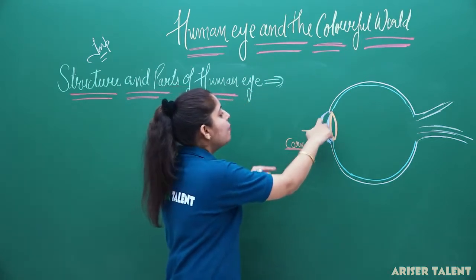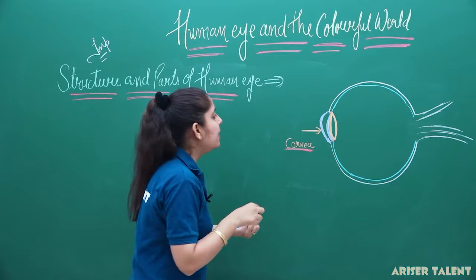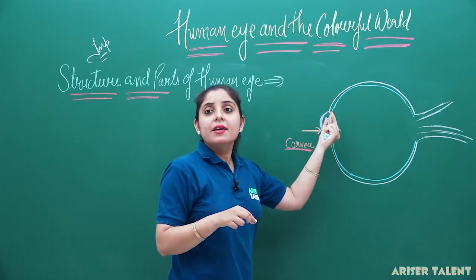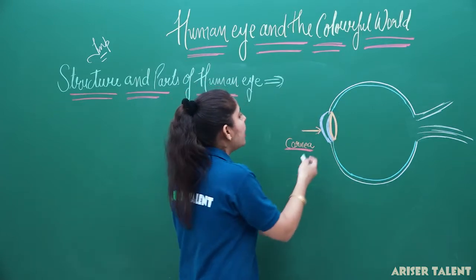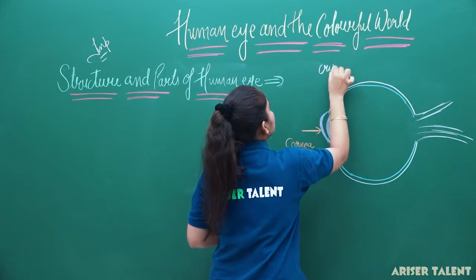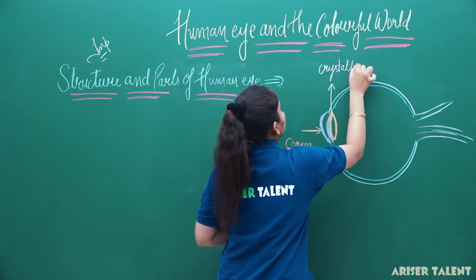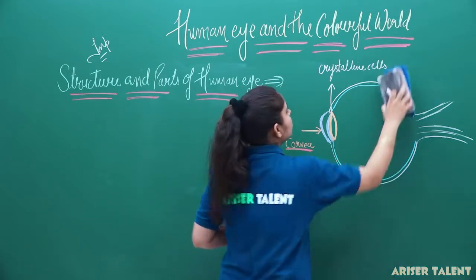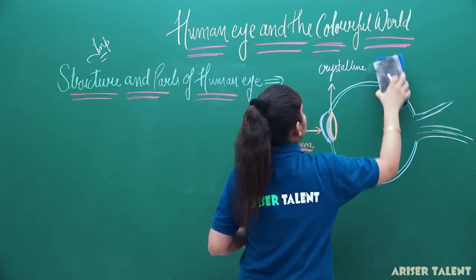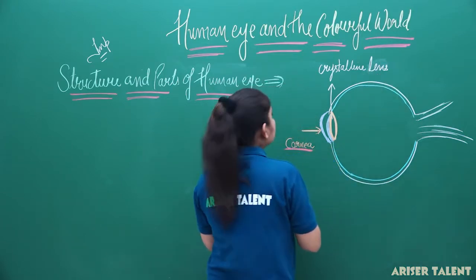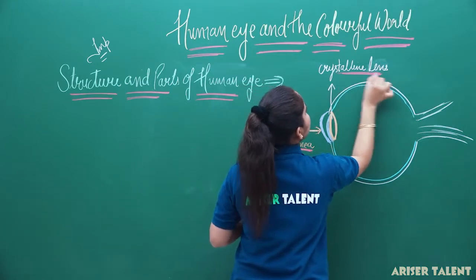Now, after this cornea, you can see that this is a crystalline lens. So I can label this part as the crystalline lens. This part will be our lens.